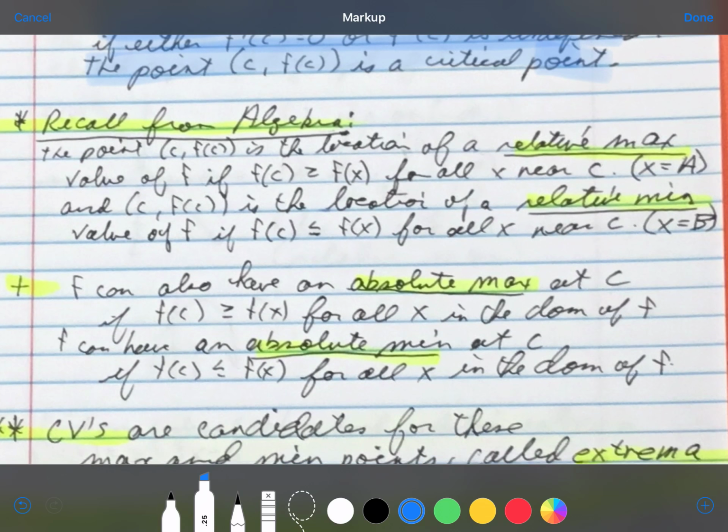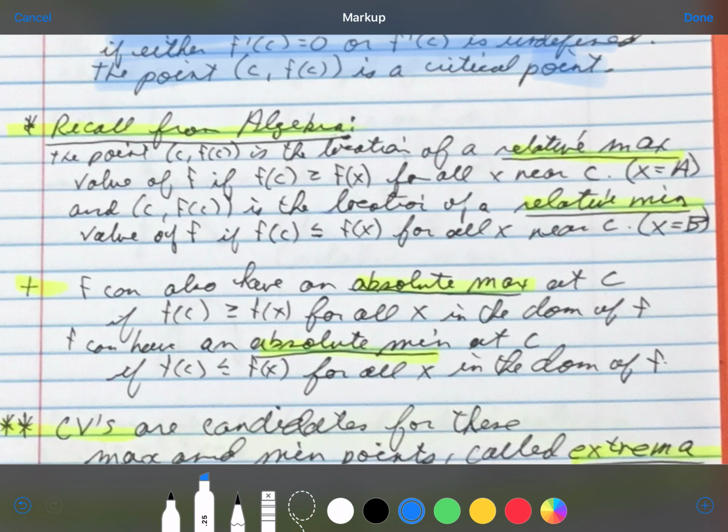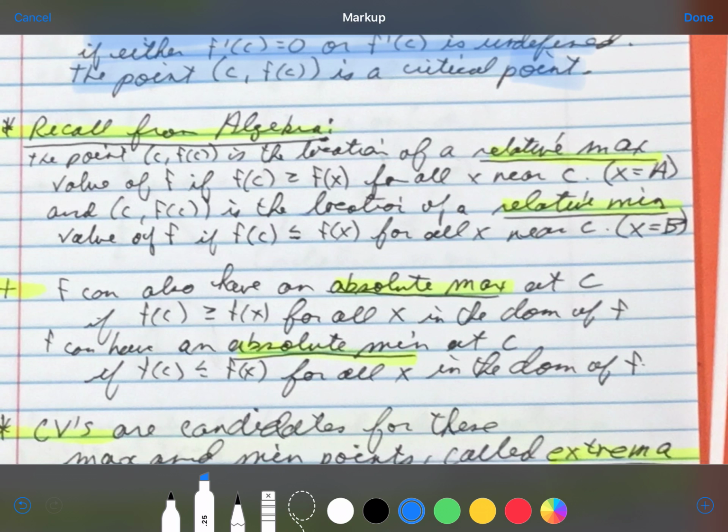Now recall from algebra, we always refer back to some of our basic algebra, the point with x coordinate c, f of c, is the location of a relative maximum value of our function if f of c is greater than or equal to f of x for all x near c.